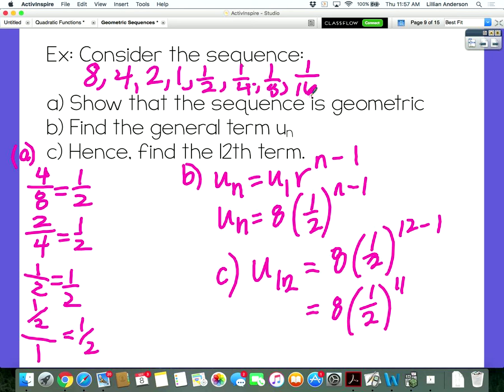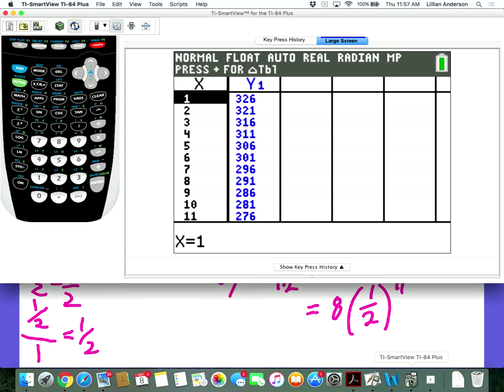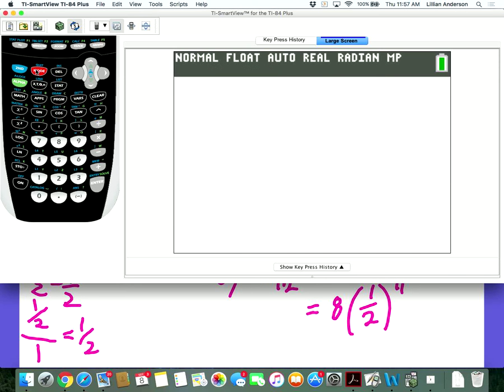So when you do this in your calculator, yes, you're going to get a decimal, but better believe that decimal can convert back to a fraction. So make sure that when you raise that to the 11th power and you click enter, how do I convert that back to a fraction?